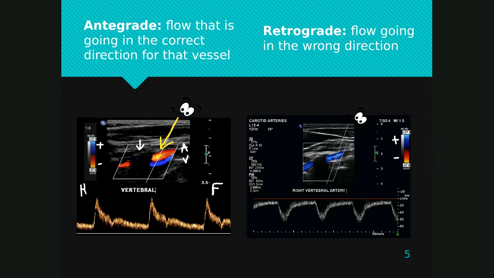So we're sending our beam in this direction, and we're receiving in this first vessel a negative shift. Now we know the only way the machine would record a negative shift is if the flow is going away from the transducer. So that would mean in this first vessel, the flow is going this way.